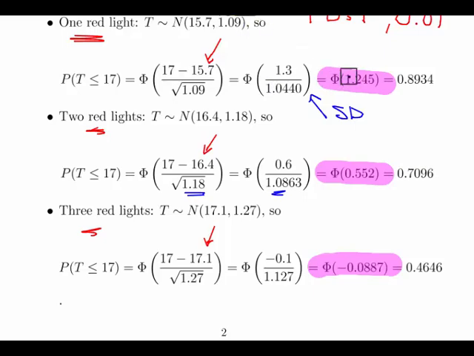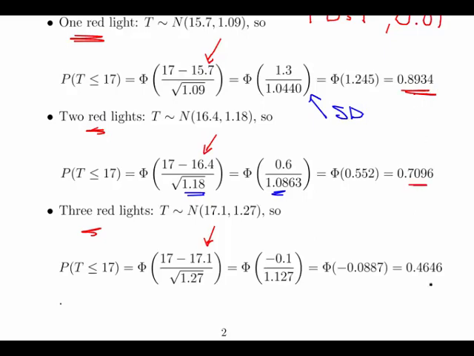Okay, using the tables, you should get these 3 answers here: 0.8934, 0.7096, and 0.4646. Or you should get answers close to that. If you're using tables, you should get an answer very, very close to those numbers. They're good enough. Okay, so that's the answer to part B.